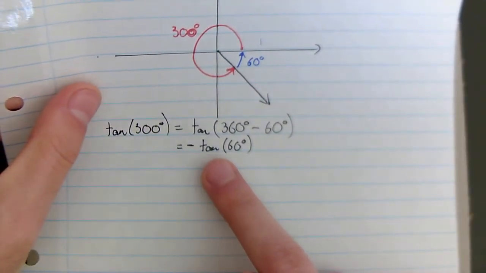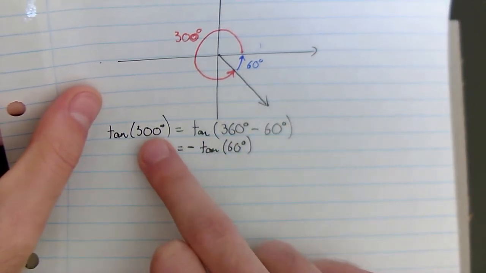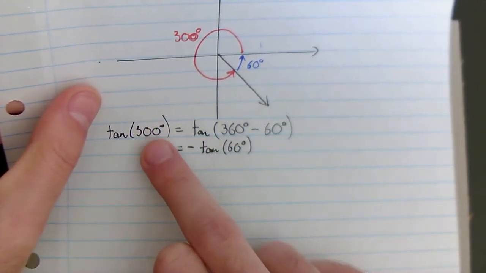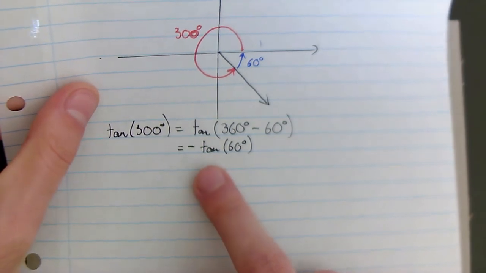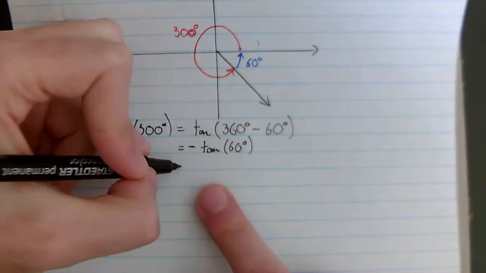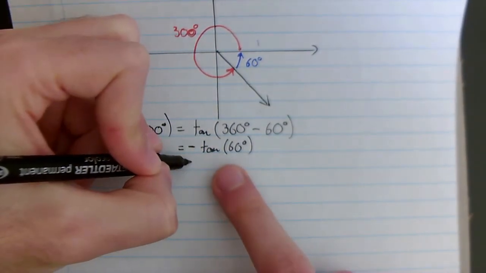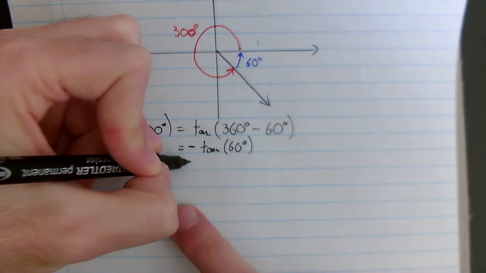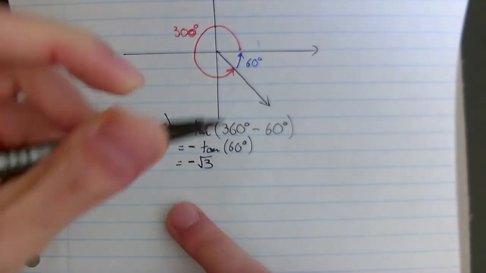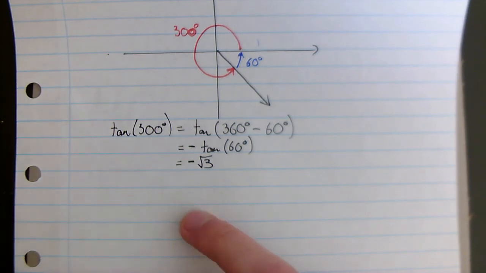Because we had 300 degrees, in the fourth quadrant tan is negative, hence negative tan 60. And by the exact values, we know tan 60 is root 3, so negative tan 60 is negative root 3.